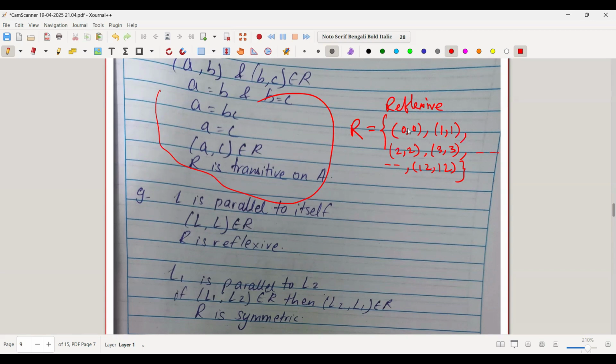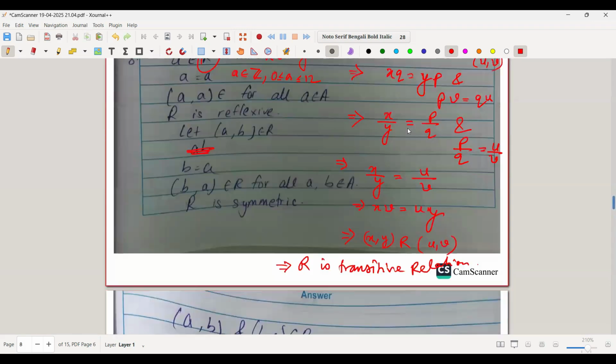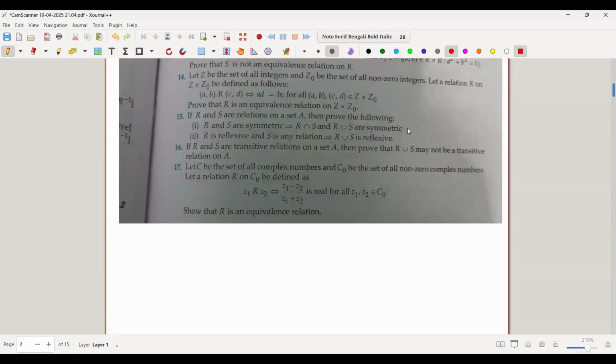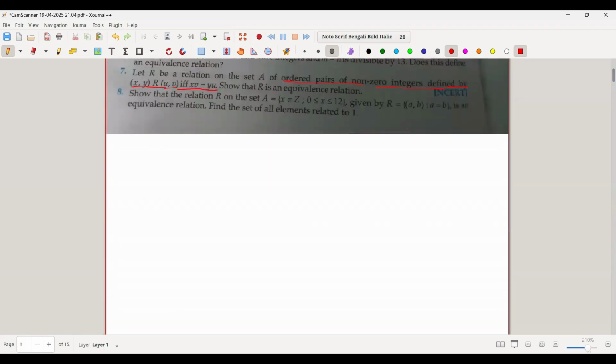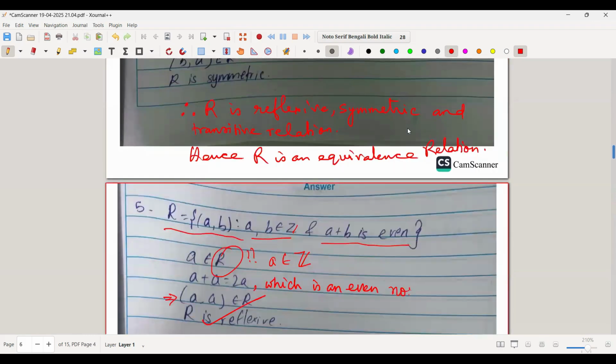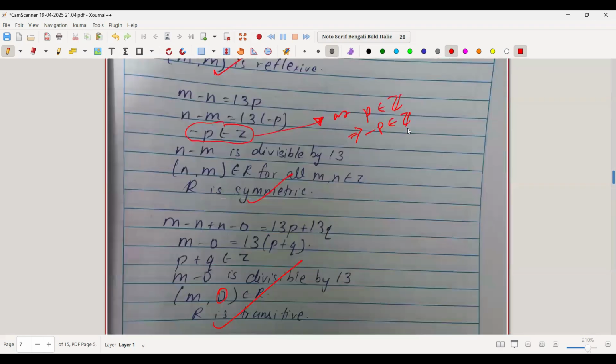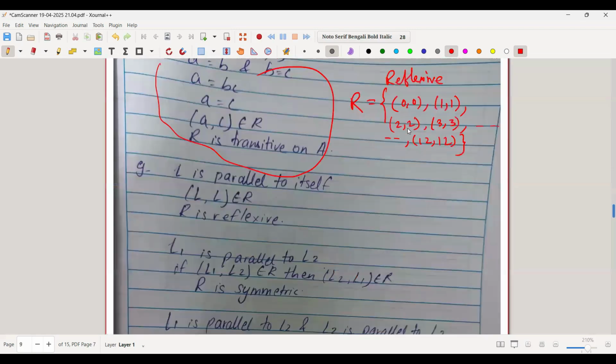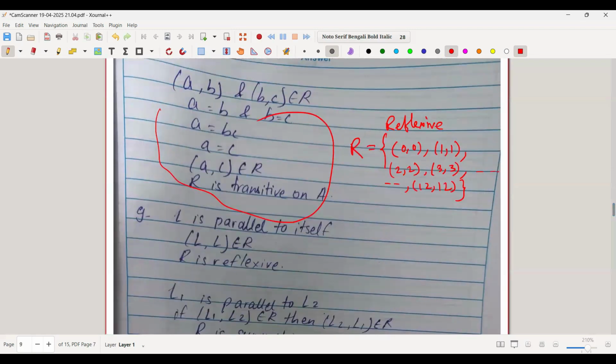And in the last question, find the set of all elements related to 1. The only element related to 1 is 1 itself. 1 is related to 1, so the class of 1 is only the set {1}.